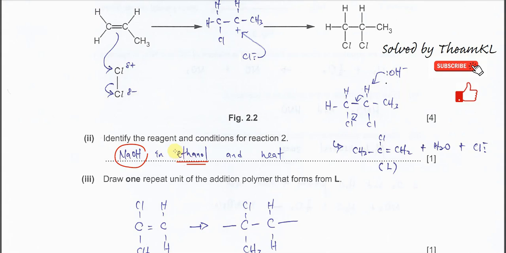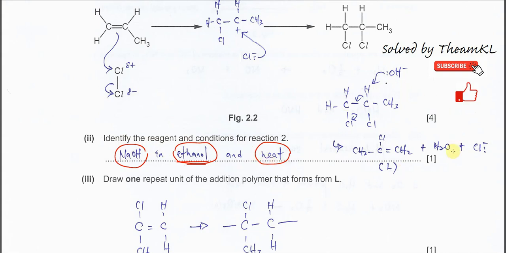So that's why you must put ethanol here. These are the reagents and conditions that are needed. So the condition is of course it needs heat. So sodium hydroxide in ethanol plus heat. So these are the reagents and conditions that are needed.